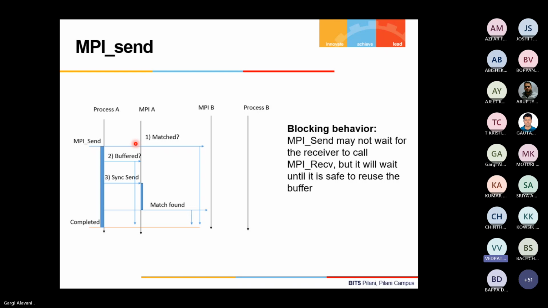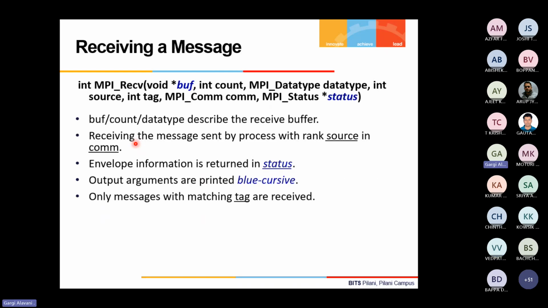But after the buffering, if the receiver process, process B in this case, doesn't read the buffer at all, what happens? You will have the answer if you see the function here, MPI receive. You provide the buffer, the count, the data type, the source, which is the rank of the sending process, the tag, and the communicator.